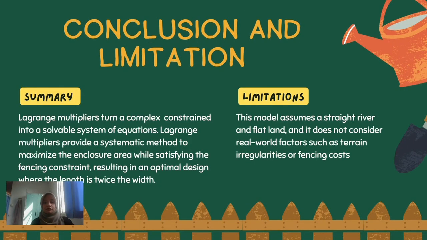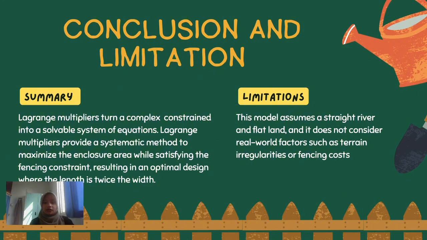Okay, so moving on to our final slides, the conclusion and limitations of our project. To summarize, Lagrange multipliers turn a complex constraint into a solvable system of equations. Lagrange multipliers provide a systematic method to maximize the enclosure area while satisfying the fencing constraint, resulting in an optimal design where the length is twice the width.